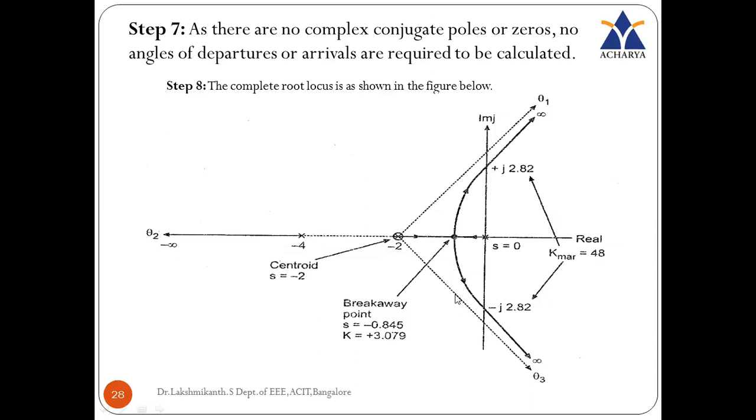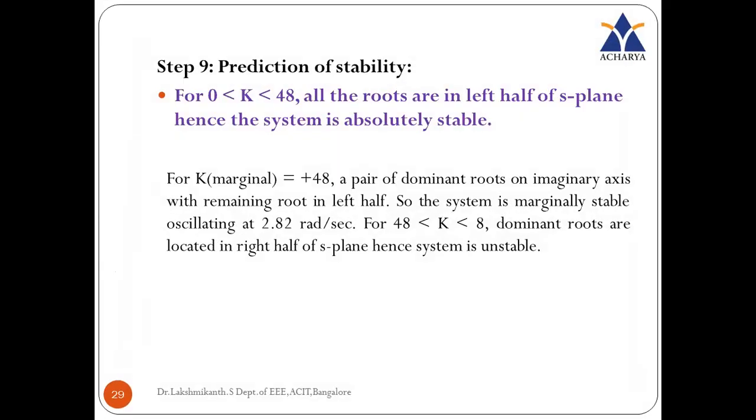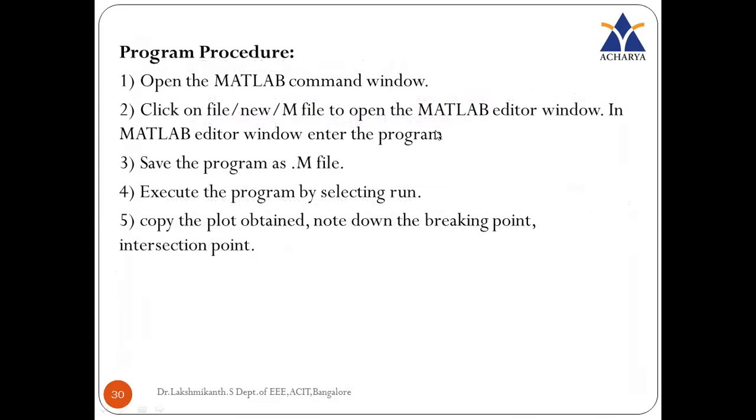This is regarding the root locus that we have seen for the prediction of stability. For 0 to 48, all roots are lying on the left half of the s plane, so the system is absolutely stable. Now we do the same in MATLAB.